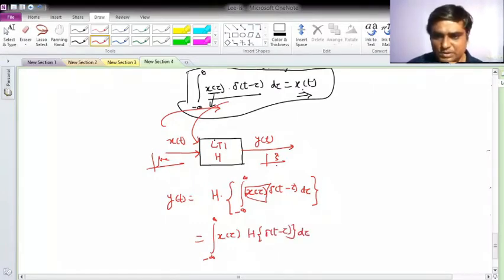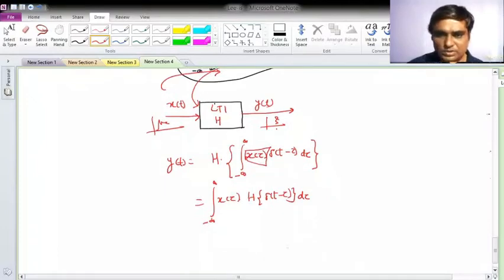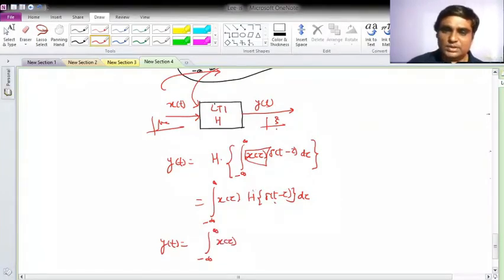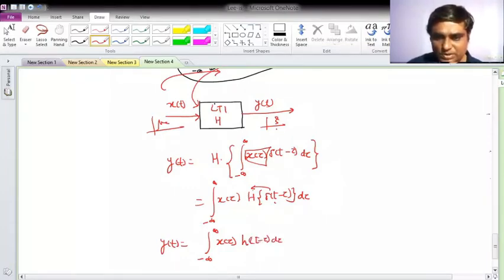So y of t I can write as the integral from minus infinity to plus infinity of x of tau, times delta of t minus tau applied on the system whose operator is h, and I will get some transformed version, right? So that transformed version is h of t minus tau d tau, because it is time invariant.